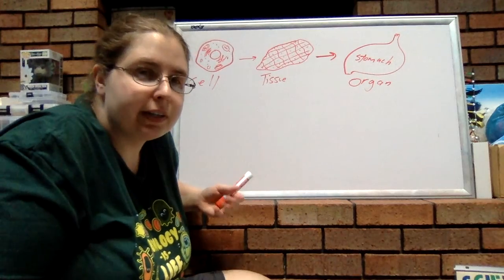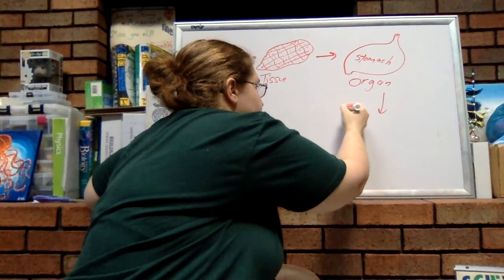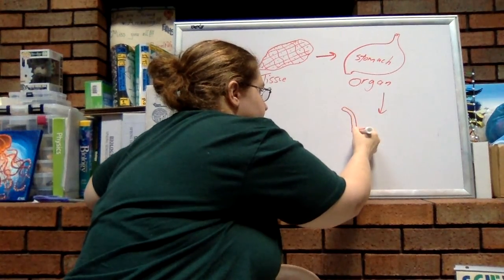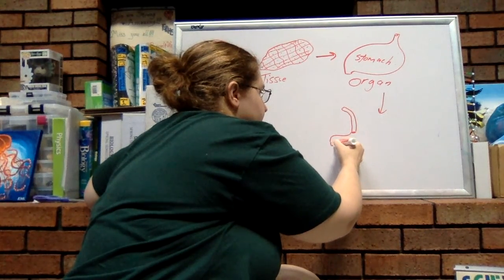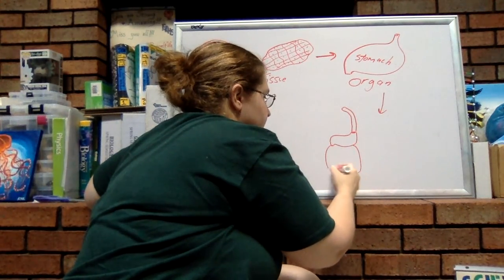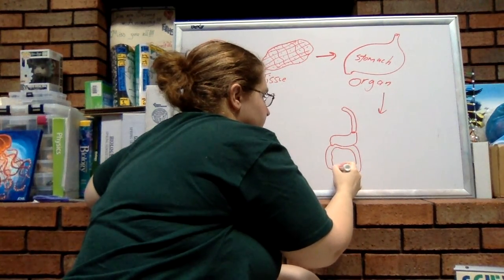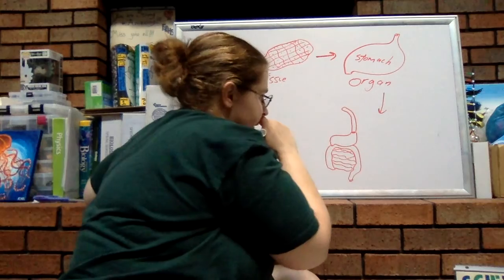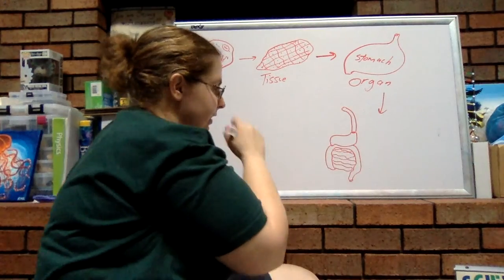Now, if you have multiple organs that come together to do a particular job, So we have the stomach, we have the intestines, large and small, we have the esophagus.